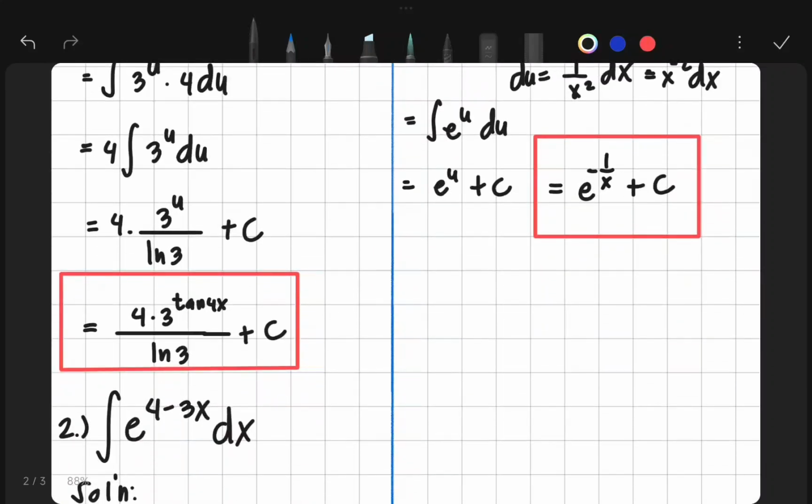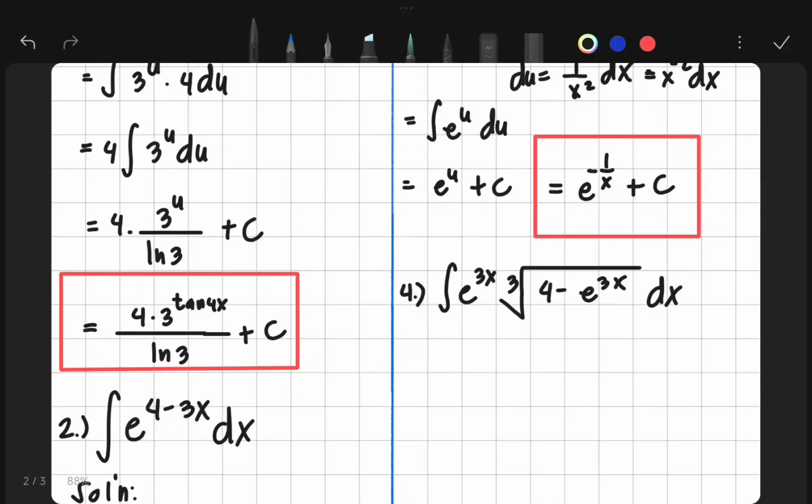Let's proceed to number 4. For our number 4, we have the integral of e raised to 3x times the cube root of 4 minus e raised to 3x dx.